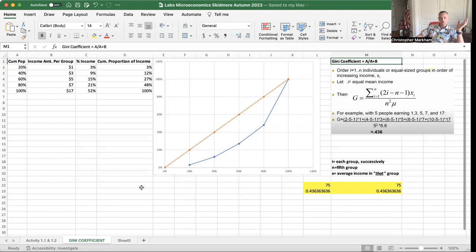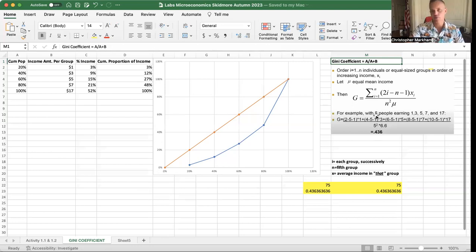Why? Well, one, it takes a long time. Two, there's a better way, especially if you get into unequal spaces, which a lot of Lorenz curves can have. So the further this line moves away from the line of perfect equality, the more inequality you have. The closer it is to the line of perfect equality, the more income equality you have, right?